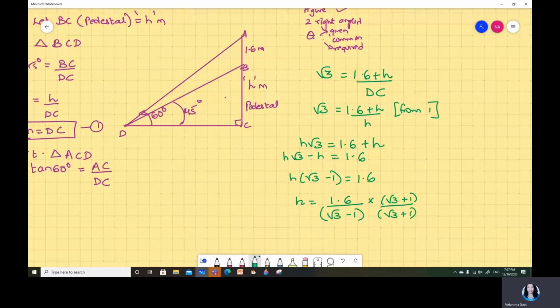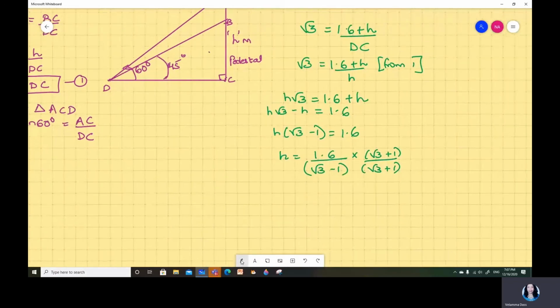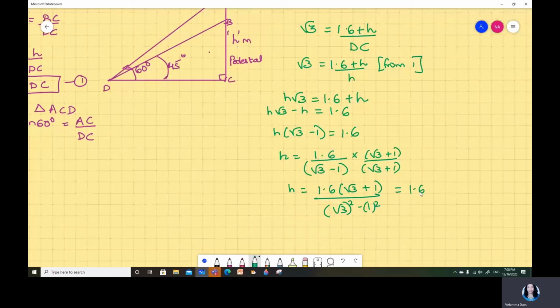Correct? So here when we solve further, we'll just do the rationalization of the denominator. So h equal to 1.6 times root 3 plus 1, and here we have a minus b, a plus b in the form of identity. So we'll get root 3 square minus 1 square. So this is nothing but 1.6 root 3 plus 1 upon 3 minus 1, which is 2.